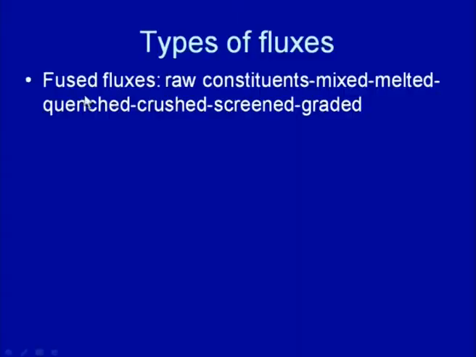The fused type of fluxes are made by mixing the raw constituents properly. Thereafter, all these constituents are brought to the molten state, and then the molten flux mixture is quenched in water. This glassy, quenched material is crushed, and then it is screened to get the flux in different sizes.